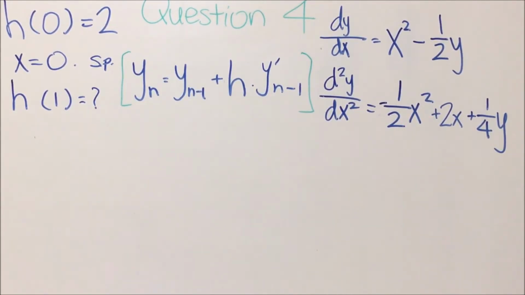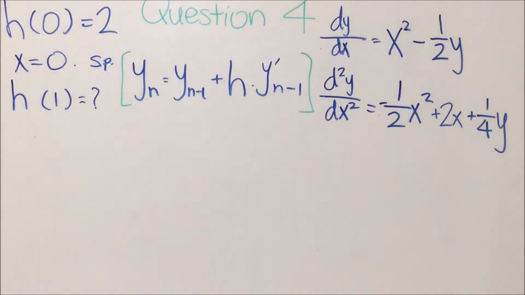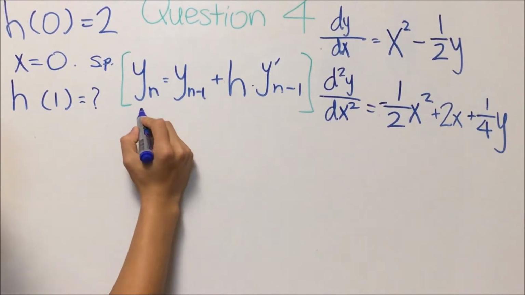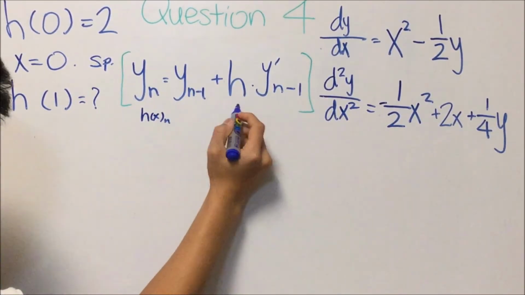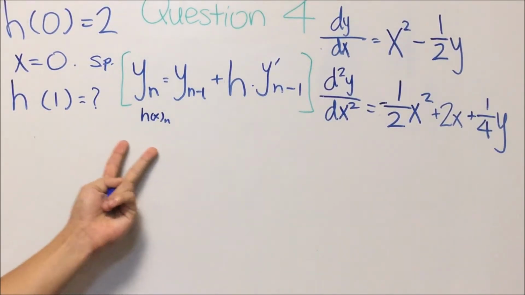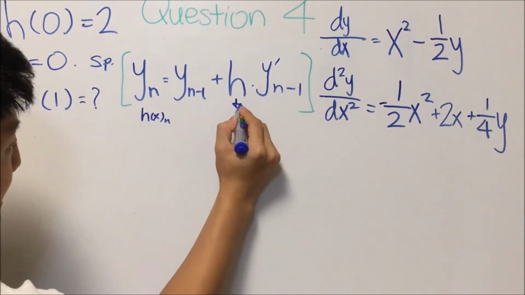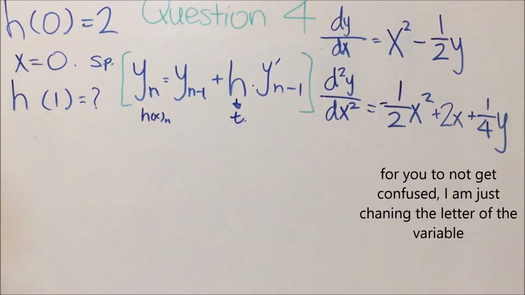And before that, let's not get confused, because in the problem, it says in the beginning, let y equal h of x. So that means this will become h of x. So I'll write small h of x like that. So for you to not get confused between h and h, we will put this step size as, let's say, t. And let's start.